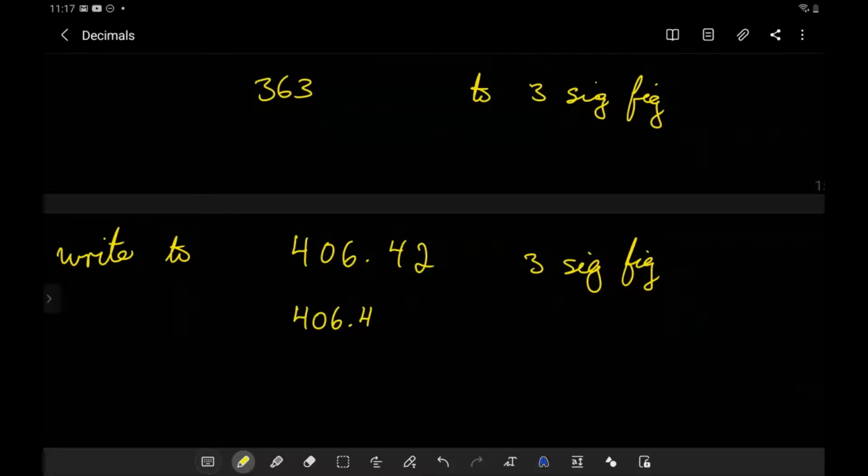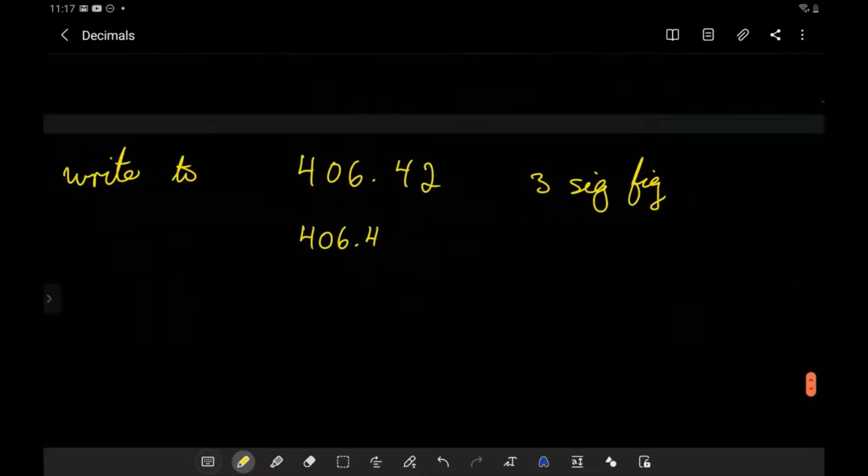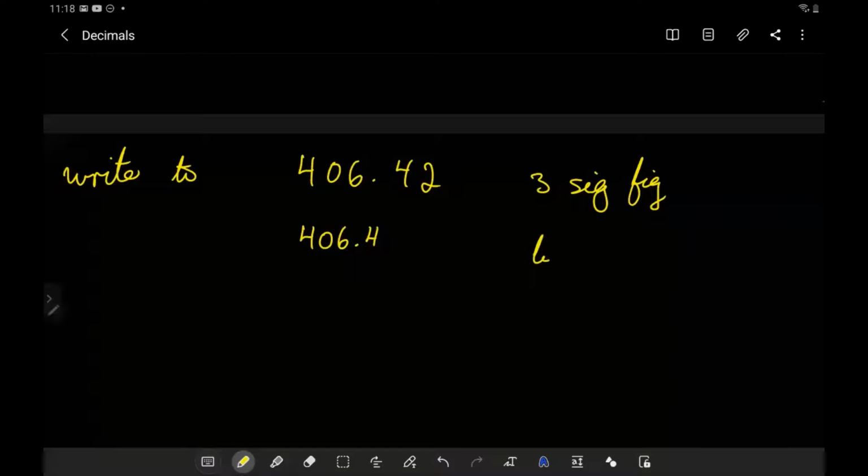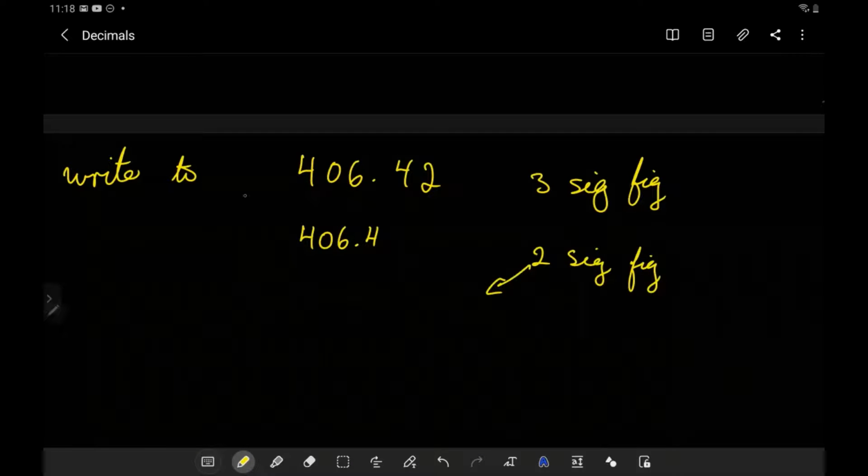Okay. So what about the two significant figures? What is this number to two significant figures? 406, sir. Yeah, 406.